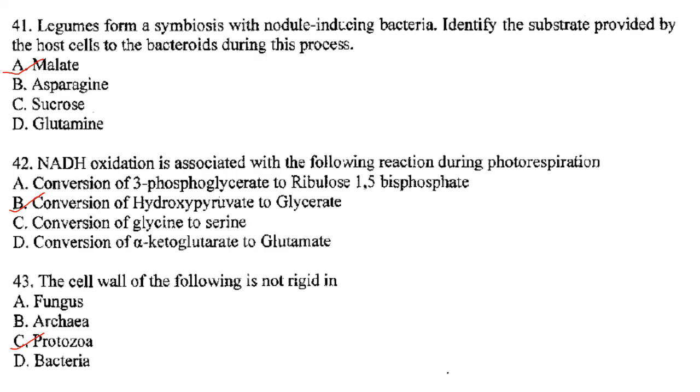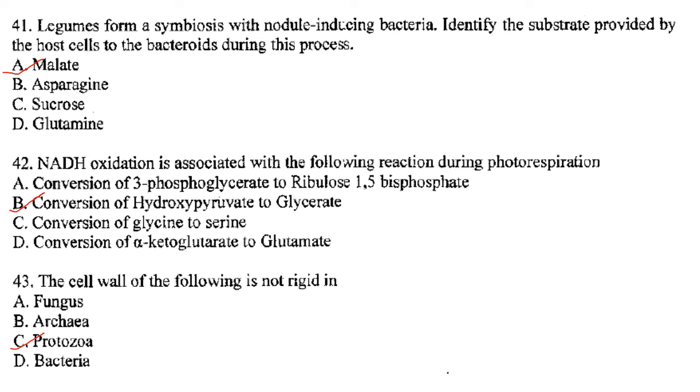The next one. Legumes form a symbiosis with the nodule-inducing bacteria. Identify the substrate provided by the host cell to the bacteroids during this process. So the bacteria help the plant with nitrogen fixation, and what does the plant provide to them? That is what they have asked.